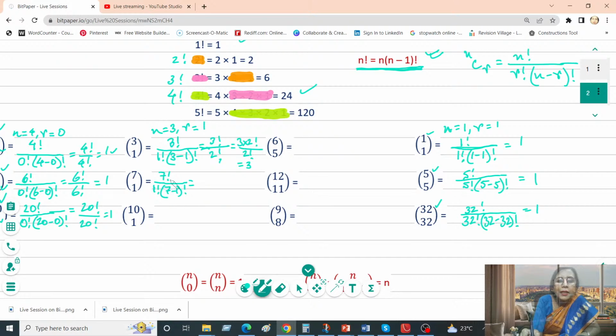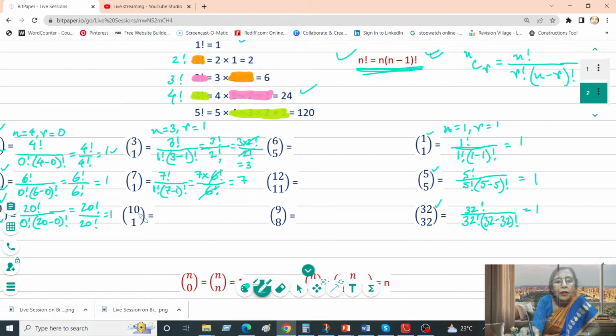So we will be writing 7 factorial as 7 times 6 factorial, using this formula. Again, that is why I have said this is very important. 7 times 6 factorial over 6 factorial. So these two will be getting cancelled, and the answer is 7.